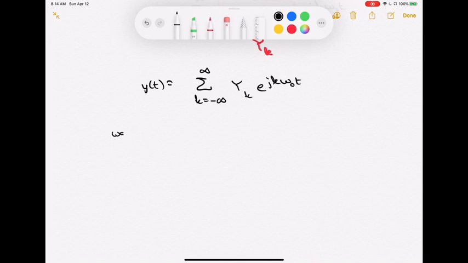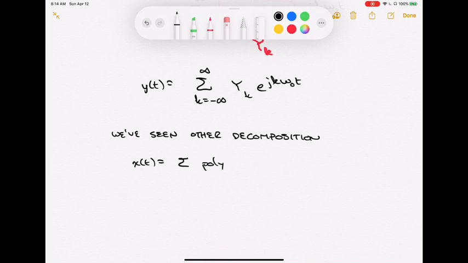We've seen other decompositions before, where we build up a signal like x of t as a sum of polynomials. That was like a Taylor series. That is a convenient decomposition for certain operations like integration and differentiation, where the rules acting on things like polynomials are very simple.